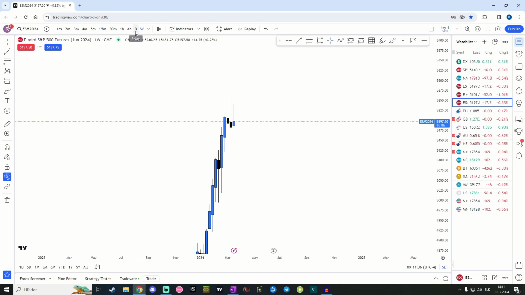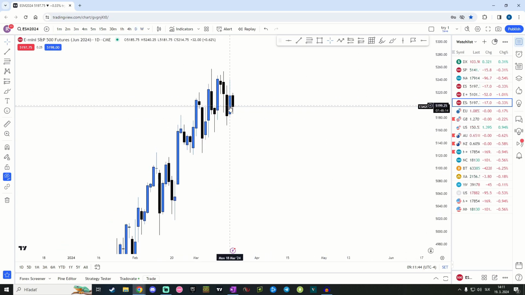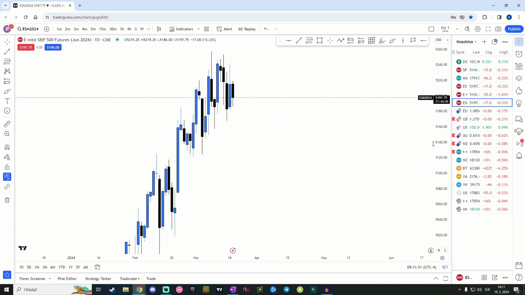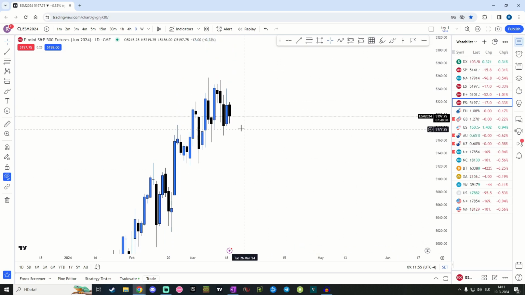I'm not sure, but on the weekly chart, we are just coming back to where we opened on Sunday. So here we can see we have traded up and now we are trading down. I think we touched, maybe not yet, the open for this week, but we are coming really close to it.